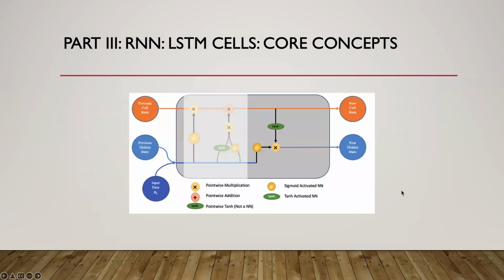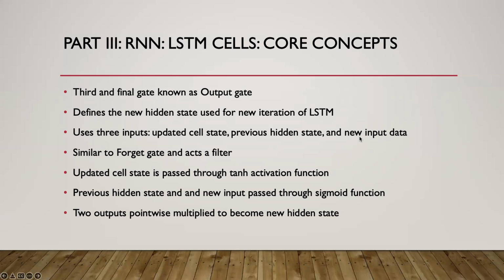So let's go forward once. So here it takes the new updated cell state right there, and then it takes the input data and the previous hidden state, and then runs them all through right there. And so the updated cell state above is passed through the tanh function, and the previous hidden state and the new input are passed to the sigmoid function, and then they're pointwise multiplied.